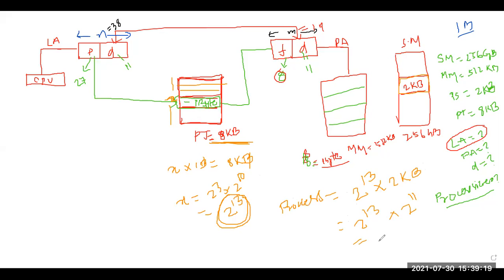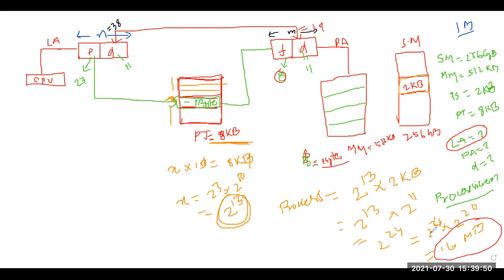If you multiply this, it will be 2 to the power of 24. I can write this as 2 to the power of 4 into 2 to the power of 20, which is nothing but 16 MB. So what is the size of the process used? The size of the process used here is 16 MB.